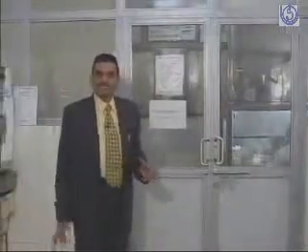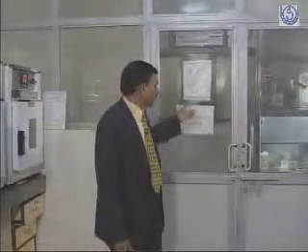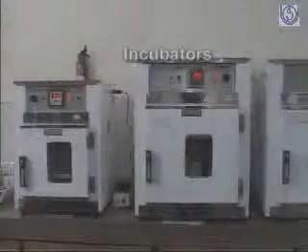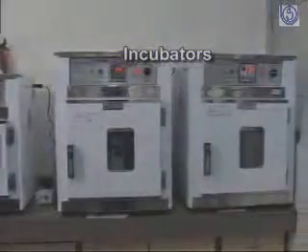As you are aware, microbes cannot be seen with the naked eye, so these samples are inoculated into different media, and after inoculation, they are incubated at different temperatures. So these are the incubators.